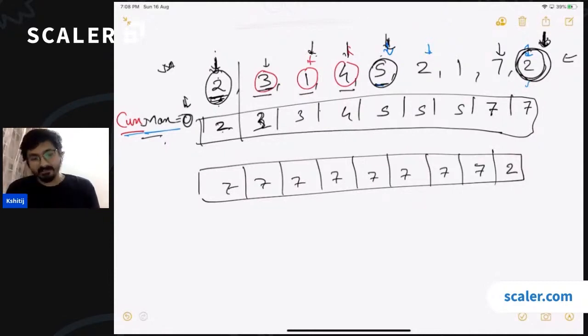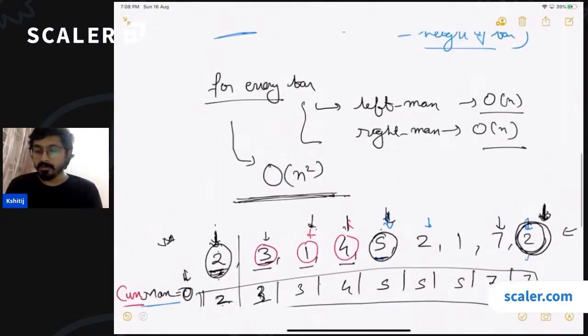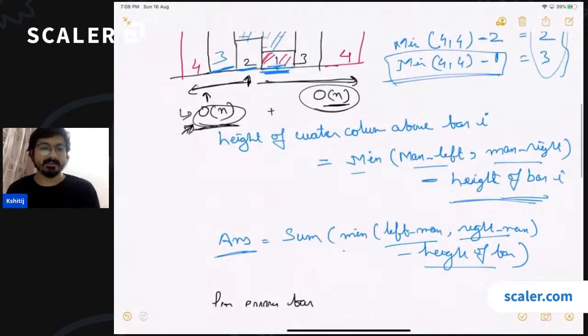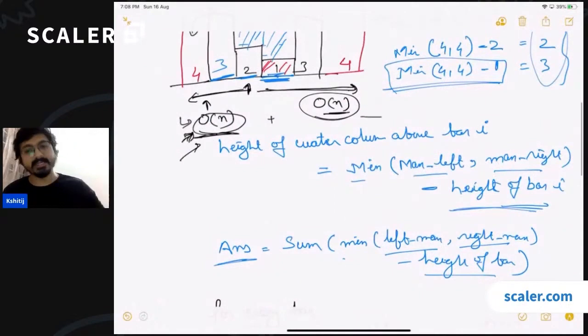The observation is that we don't need to run this order n loop for each and every index, because when you are calculating the left max for the rightmost element and when you are calculating the right max for the leftmost element, you are essentially calculating each and every value which is required in this calculation.